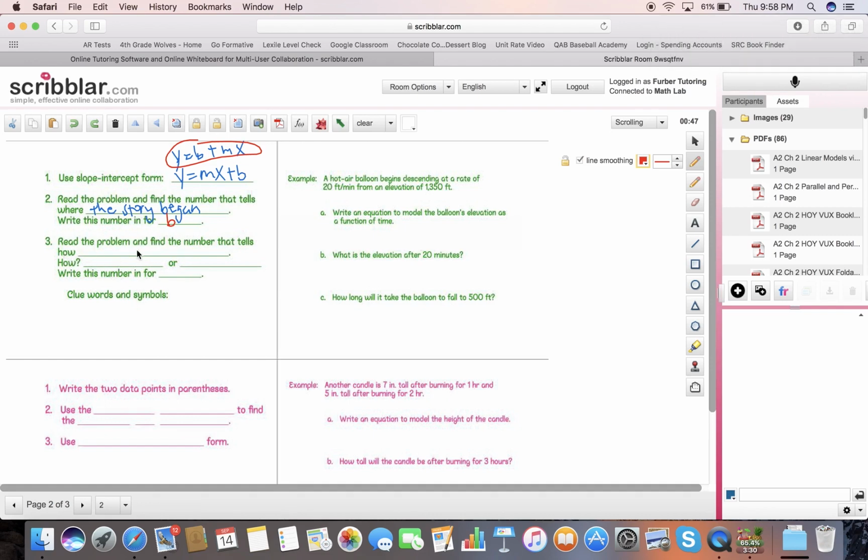When you read it a second time, you're going to find the number that tells how the story changes. What changes in the story? Does something become more? Does something become less?